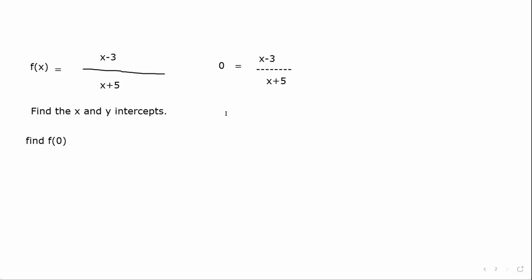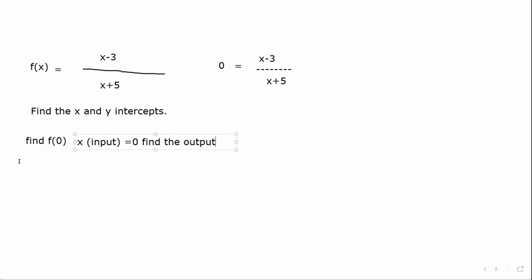No. Not here for this one, right? Because 0 is supposed to be my what? My input value. Supposed to be my x, isn't it? So here, this is telling me that x, my input, is equal to 0, and I want to find the output, right?